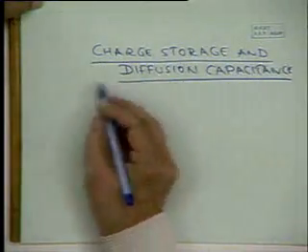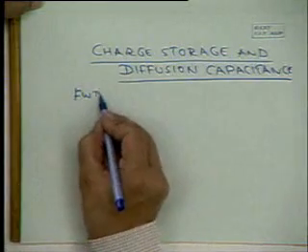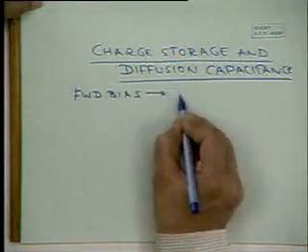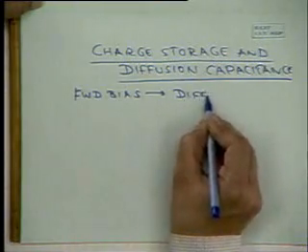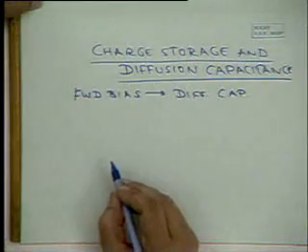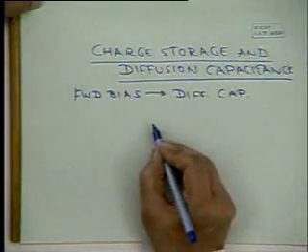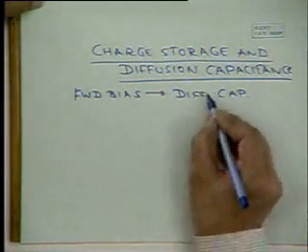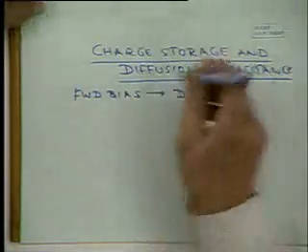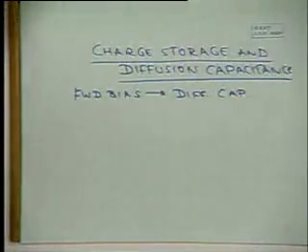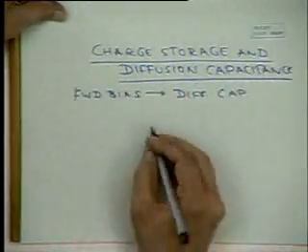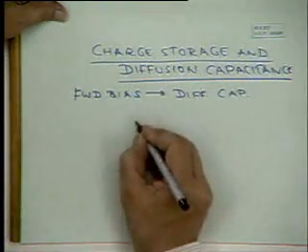At forward bias, you have injection of minority carriers, which gives rise to diffusion capacitance. And obviously that limits the speed of response. Now, if we want to examine this, it's typical for almost any semiconductor device. Let's examine this in a little more detail.